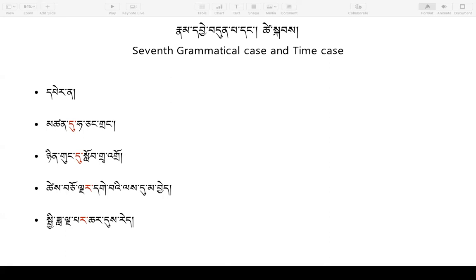So here we see that the action of accumulating, the action of completing many virtuous deeds is done during the time period when it is the 15th of the month. So here we see the time and the action.